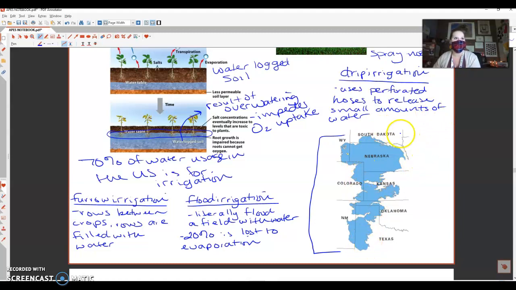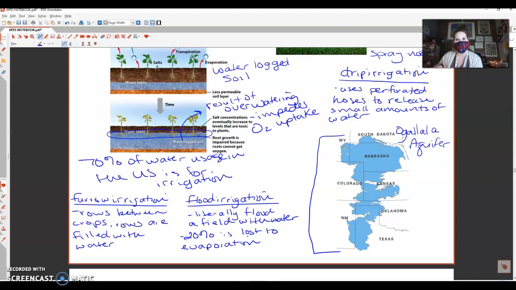This is called the Ogallala Aquifer. Yes, I know it's kind of a silly name, but it is the Ogallala Aquifer. And it's groundwater.